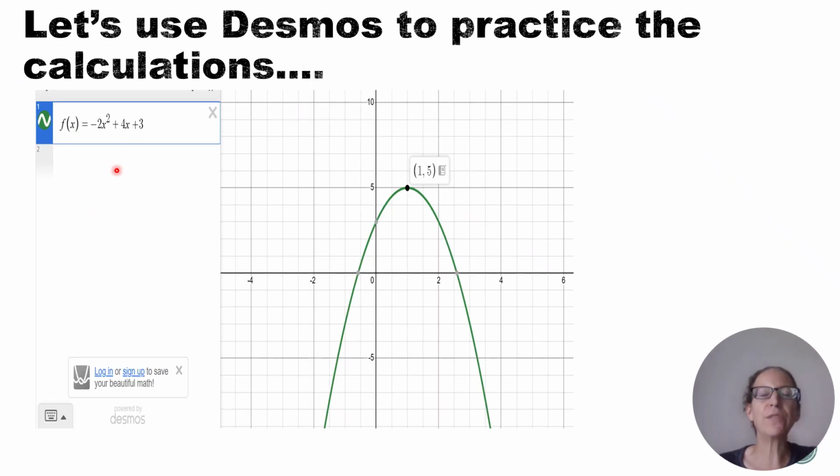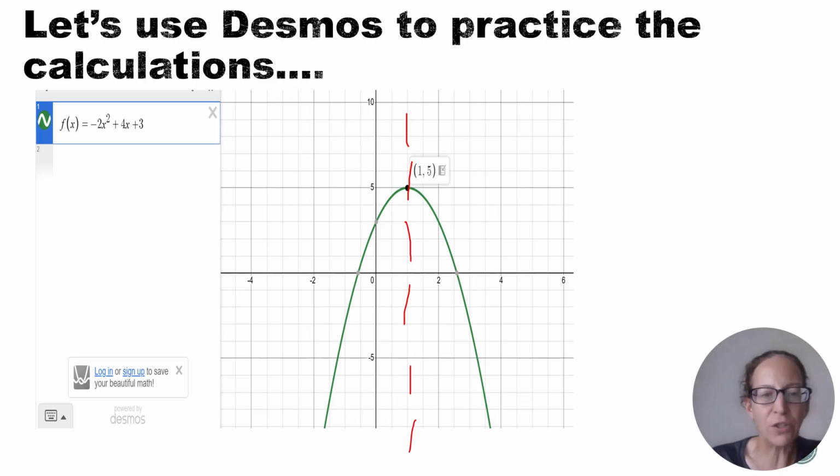All right, so we're going to use Desmos to practice the calculations. So over here on the left, you can see the function. The function is -2x squared plus 4x plus 3. And I've got the vertex already highlighted. And so you guys can see where the axis of symmetry is. The axis of symmetry is that vertical line right there. I'm doing it dashed.